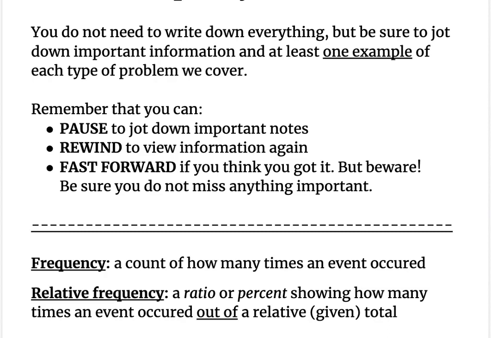And it's a ratio or a percent because it's going to be out of a relative total or a given total. It's called a relative total because sometimes the total, as you know on a two-way frequency table, is going to be different. There's many different types of totals. So that's why it's called a relative frequency because it depends on whatever total you're looking at. It's relative to the question.